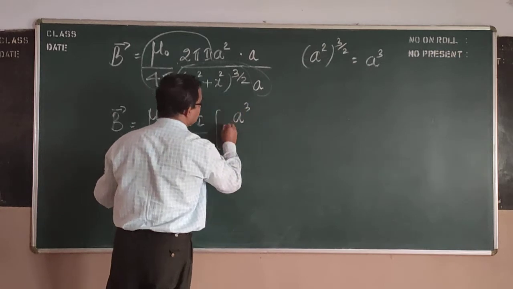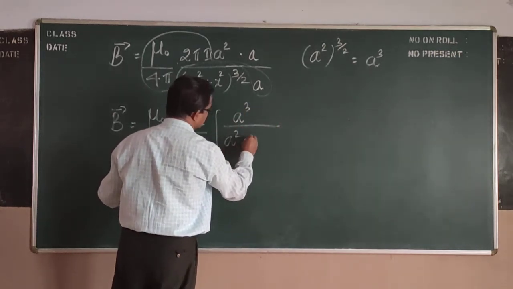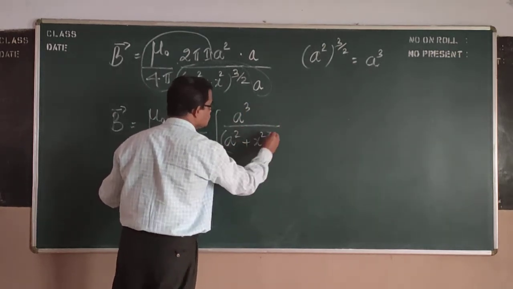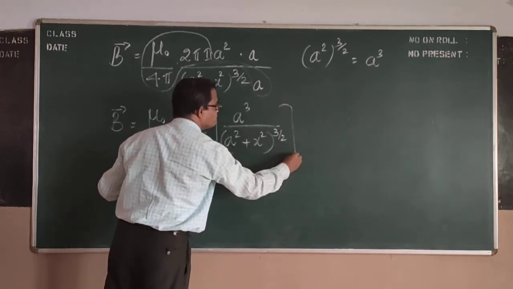A cube divided by A square plus x square raised to 3 by 2.